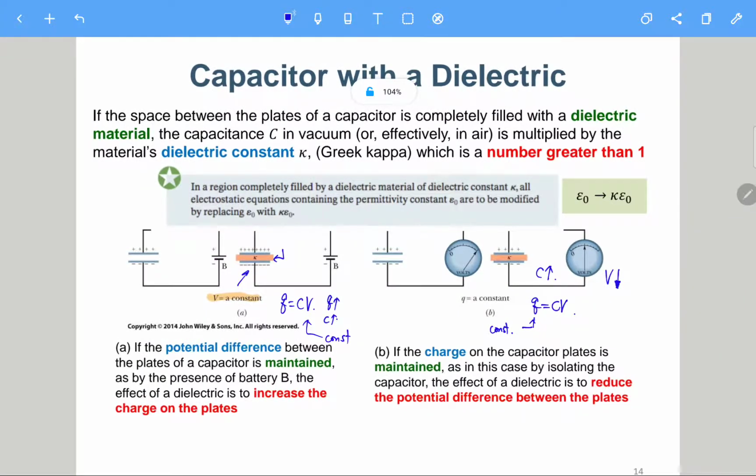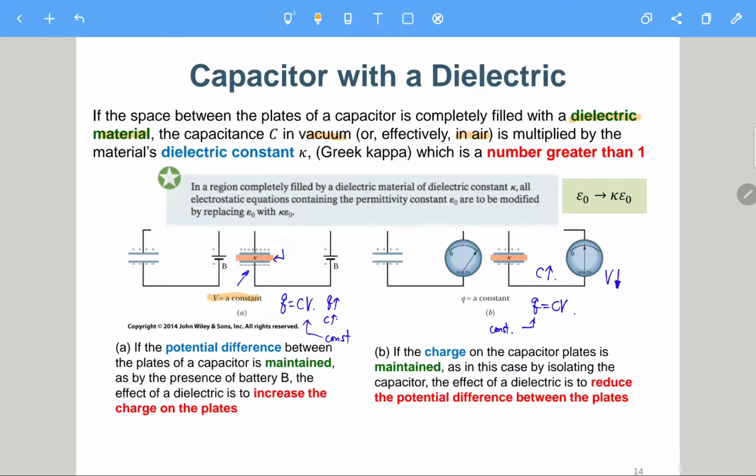So if the space between the plates of a capacitor is completely filled by a dielectric material, the capacitance C in vacuum, or effectively in air, so in vacuum or in air, the capacitance will be nearly the same.